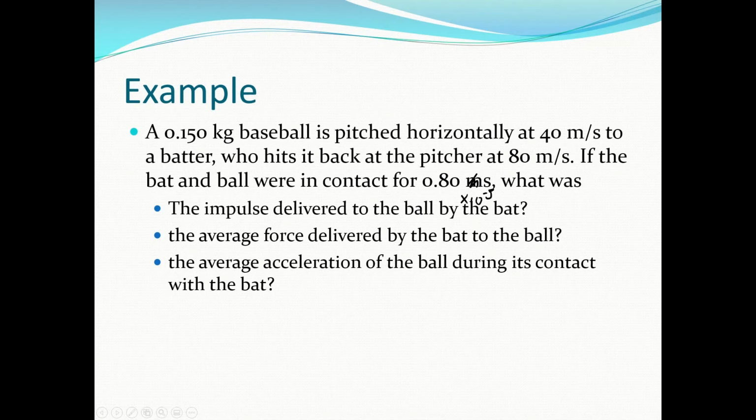Okay. So for this one, I'm going to switch to my whiteboard, because there's a few more calculations and I don't have a lot of space here. So first thing I'm going to do is draw a picture. So we have a 150 kilogram baseball pitched horizontally at the batter.